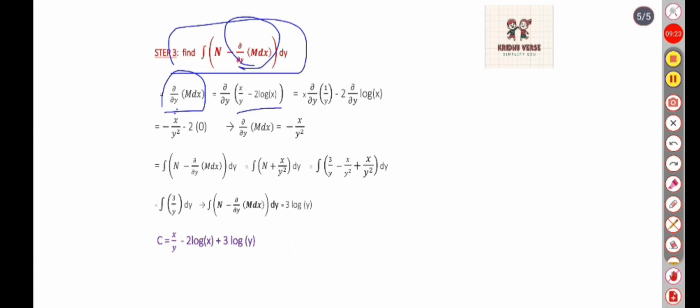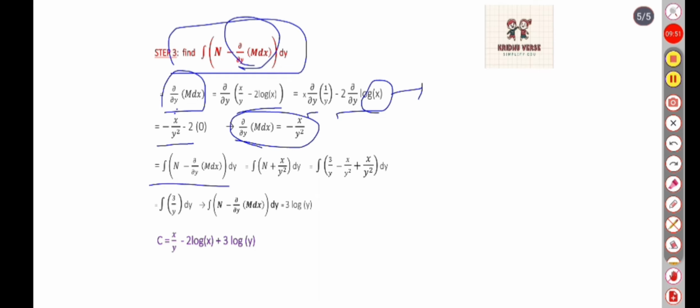So dou over dou y of 1 by y, x is constant, so we take it outside, so 1 by y what, same like back side, minus y to the power minus 2. Here dou y with respect to x means 0, it is becoming 0, so minus x over y square minus 0. So that is the term we got, dou over dou y of the integral of m dx.